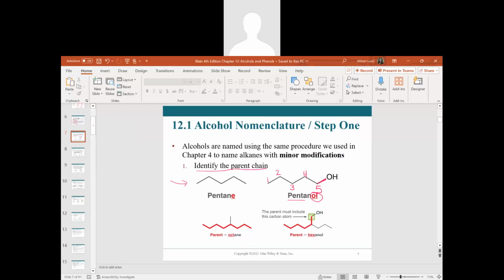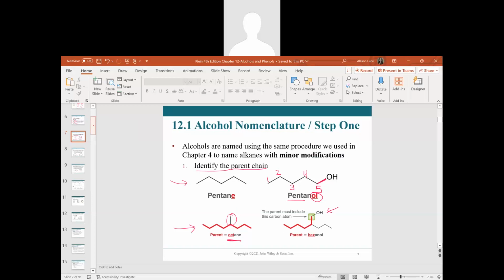What we see down here is, if this was just an alkane, this would be a methyl substituent, and our longest carbon chain has 8 carbons, so we call this an octane. If we added the OH functional group onto that side chain there, as we see over here, our parent would change its name. It will not be an 8-carbon chain as our parent.